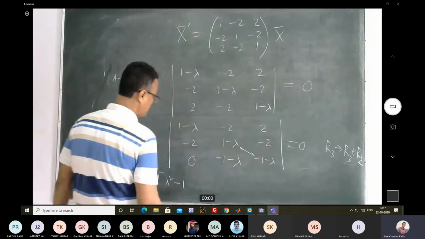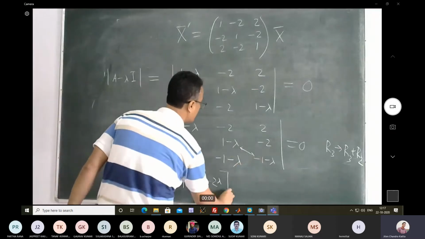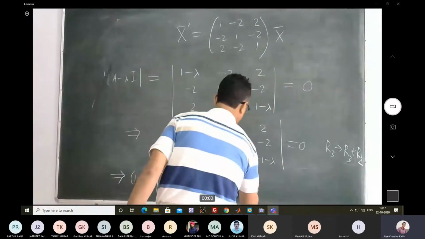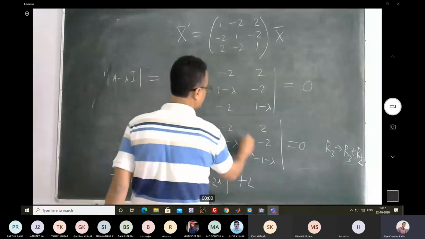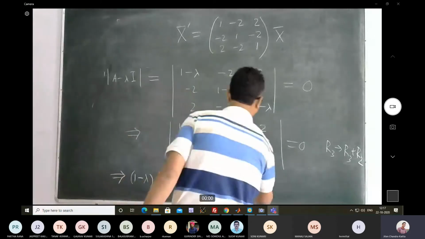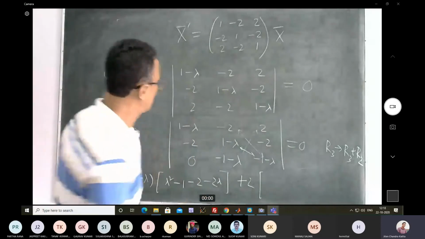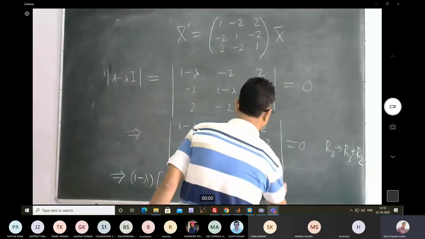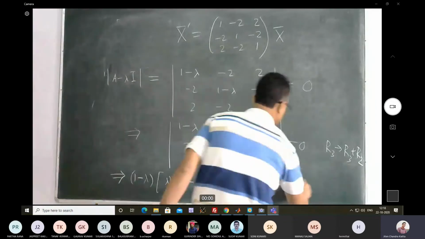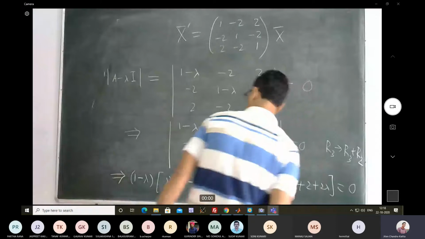This is minus, so this is minus 2λ, and then this is going to become plus 2. And then this into this is going to give you 2 plus 2λ, again with a minus sign here, so this is 2 plus 2λ. So this is equal to 0.